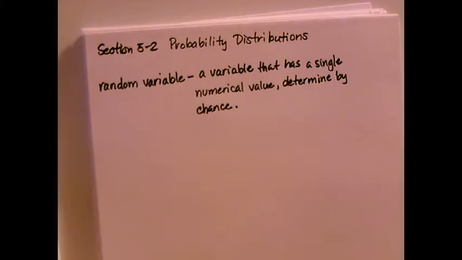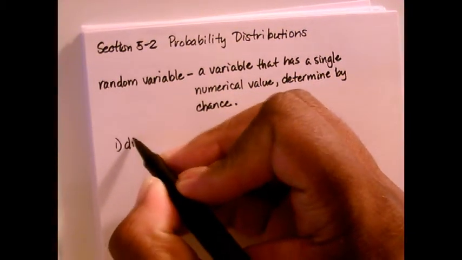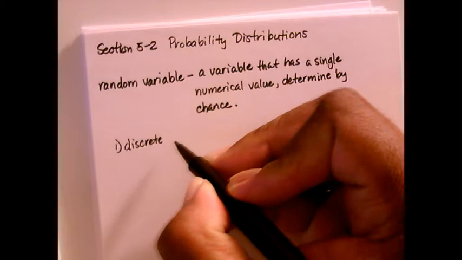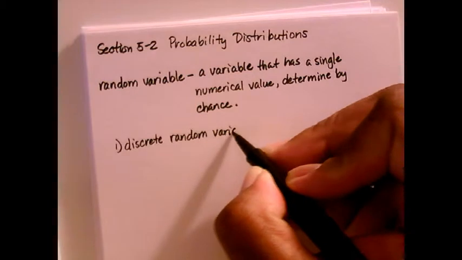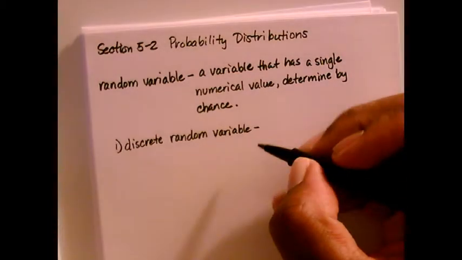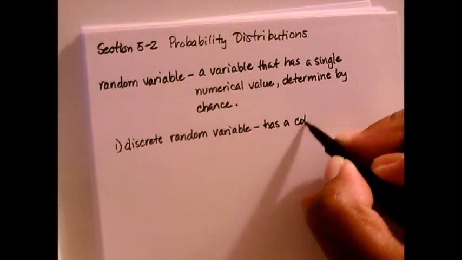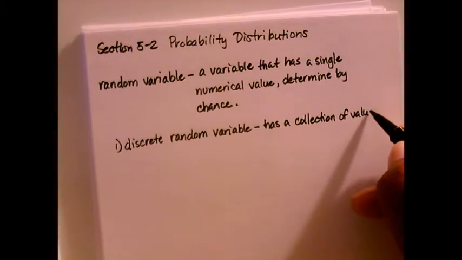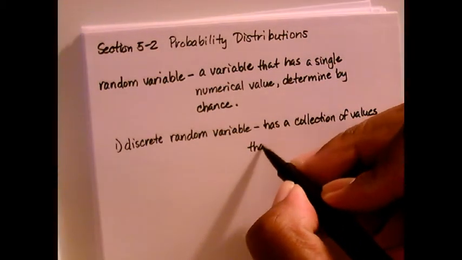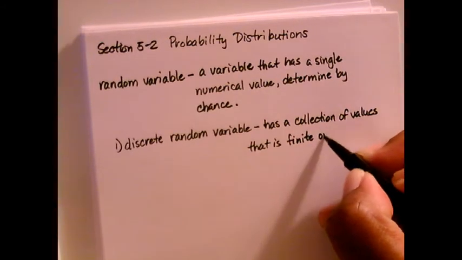Now, random variables can be one of two things. It could be either discrete or continuous. A discrete random variable has a collection of values that is finite or countable.